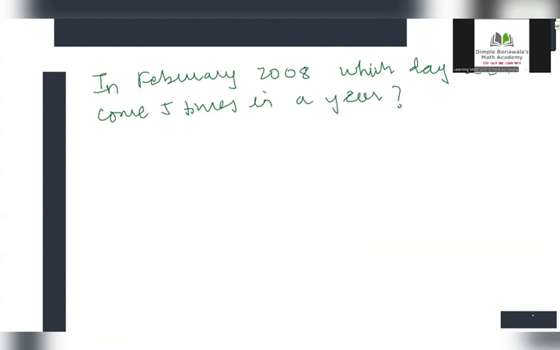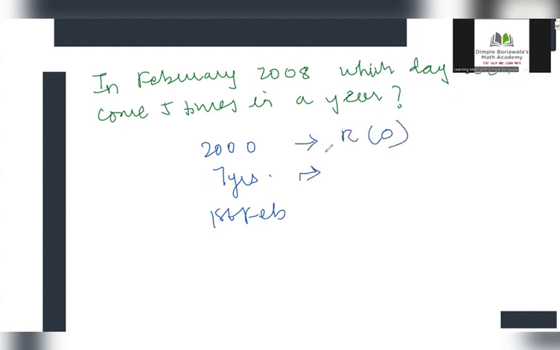Let us try another example. Again, I will go fast because you all know the things now. So 2000, correct? 7 years before 2008, and 1st February. So for 2000, remainder will be 0. For 7 years, when you calculate, you will get remainder 1.